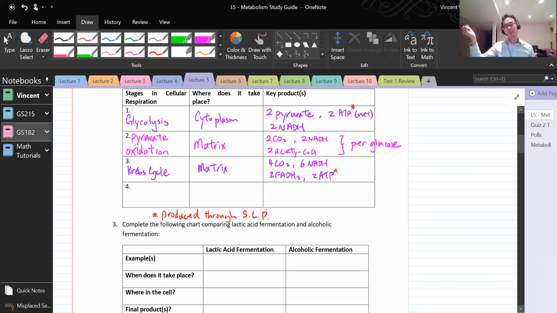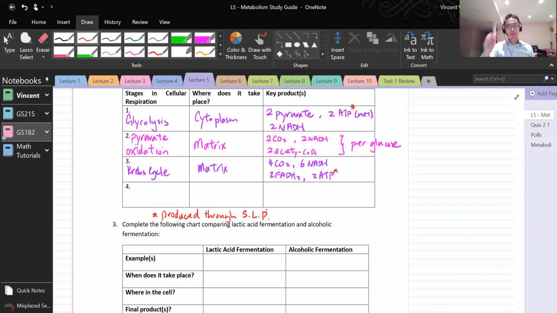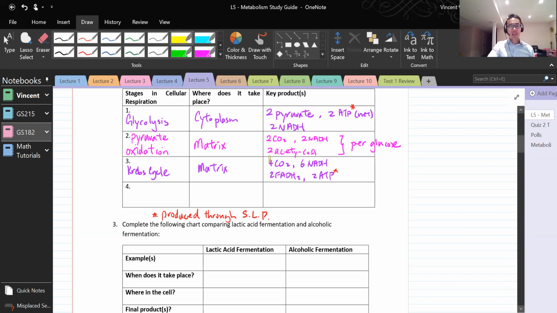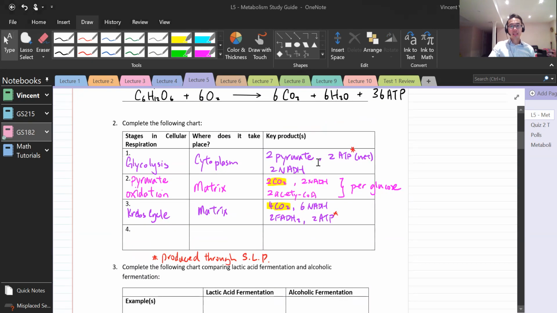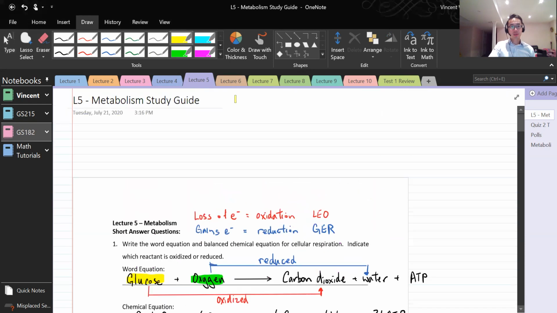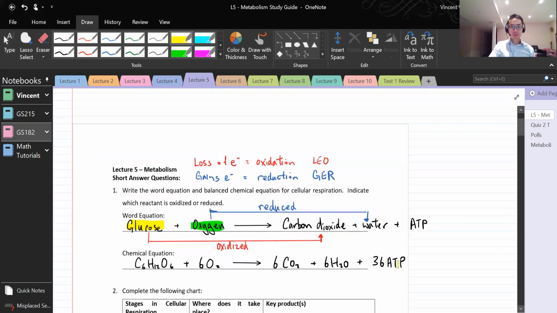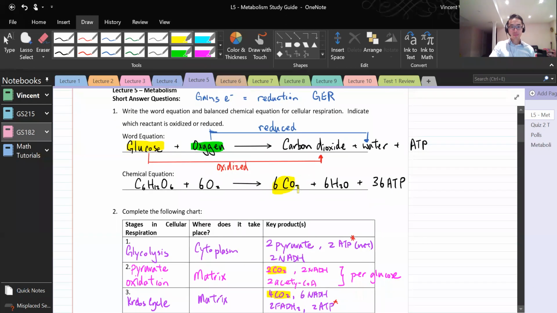That's the one where you rip the P from a donor and then you pass it on to ADP. So you can see the carbon dioxide, 2 carbon dioxide here, 4 carbon dioxide there, makes up a total of the 6 carbon dioxide that we see over here.